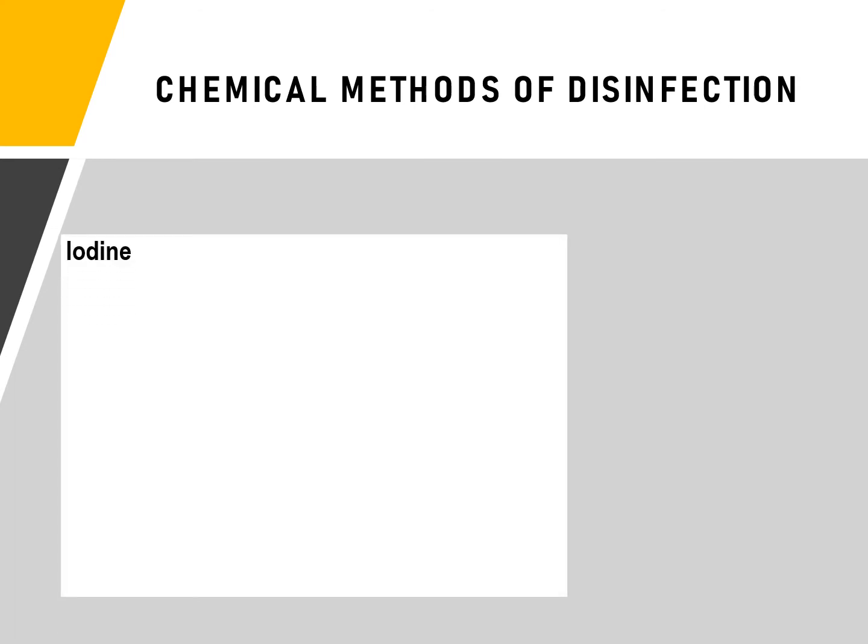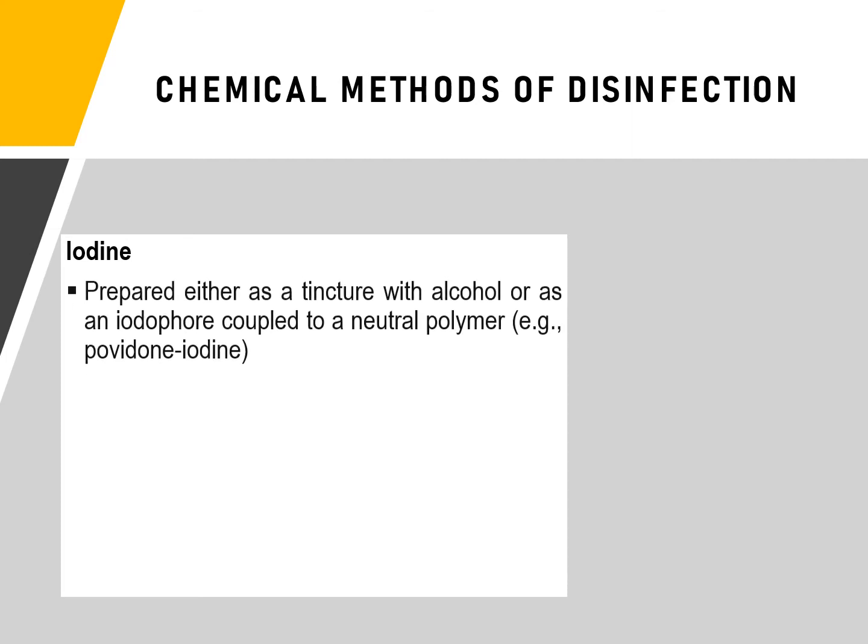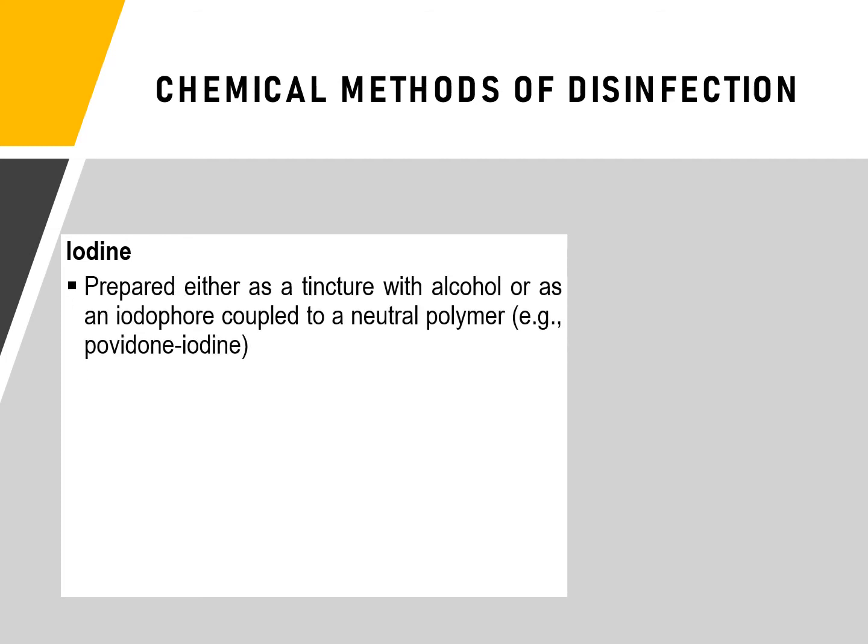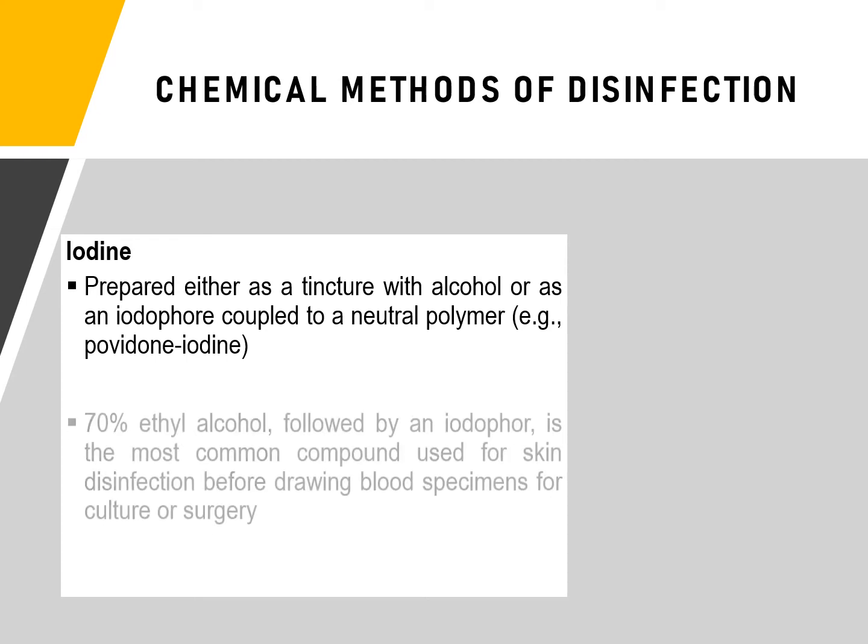Iodine can also be used as a chemical method for disinfection, and it is prepared either as a tincture with alcohol or as an iodophore coupled to a neutral polymer, such as povidone iodine, popularly known as the betadine solution.